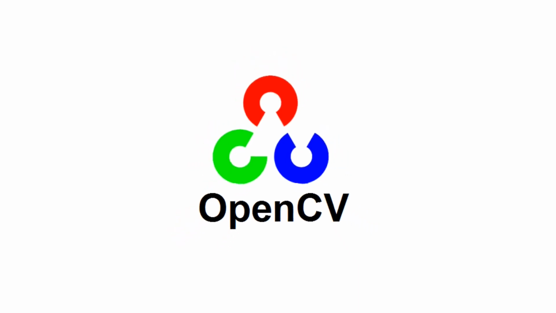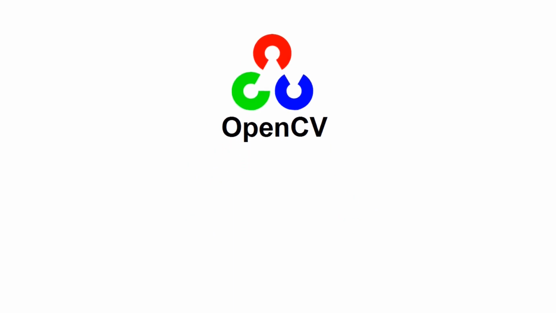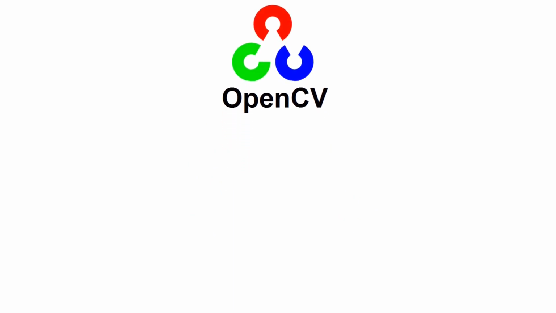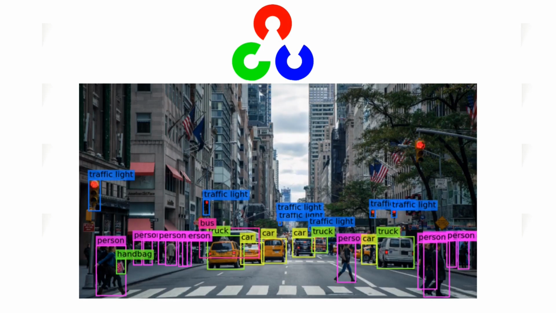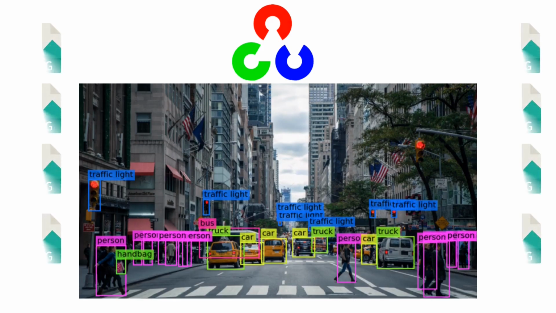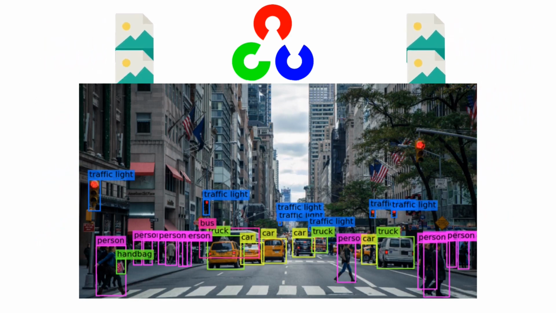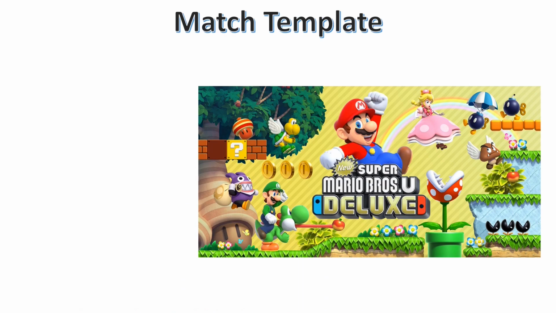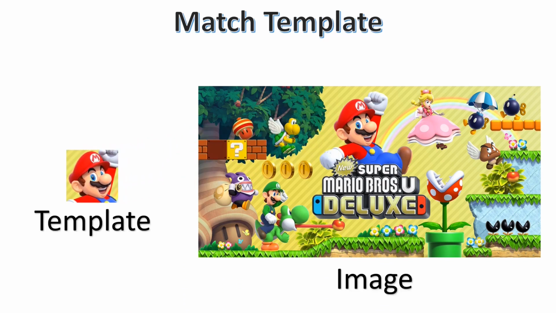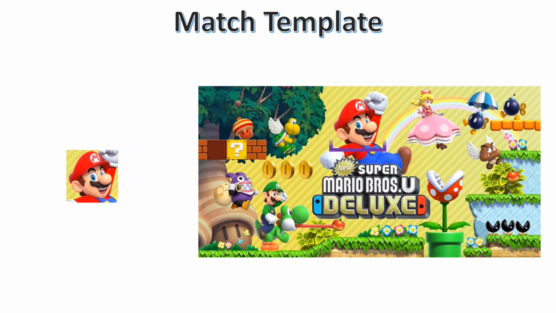The first thing we need to know is that opencv is a module that focuses on computer vision. So basically, it reads images we feed into it, and we can do all kinds of crazy stuff with the information we get back. The Matchtemplate function within the opencv module takes a small image called template and finds it within a bigger image called image in fractions of a second.